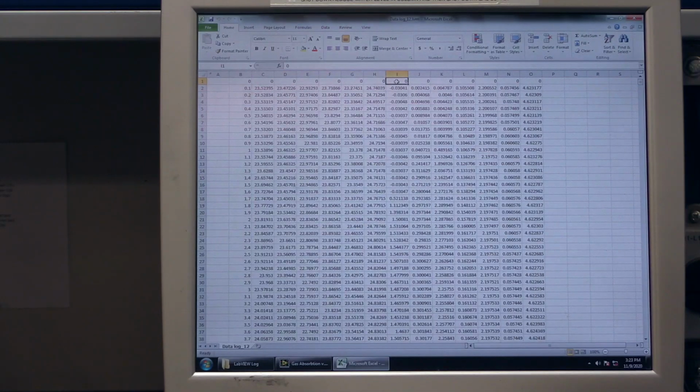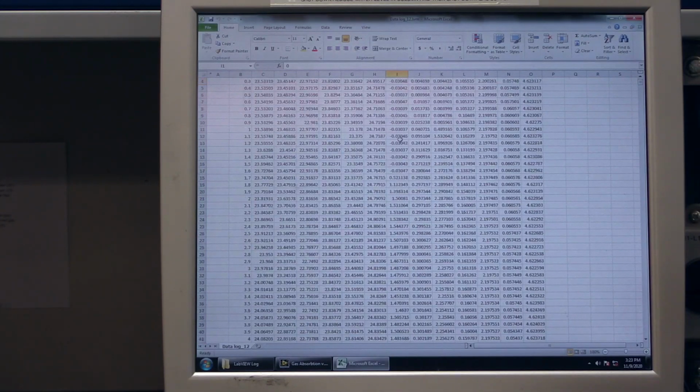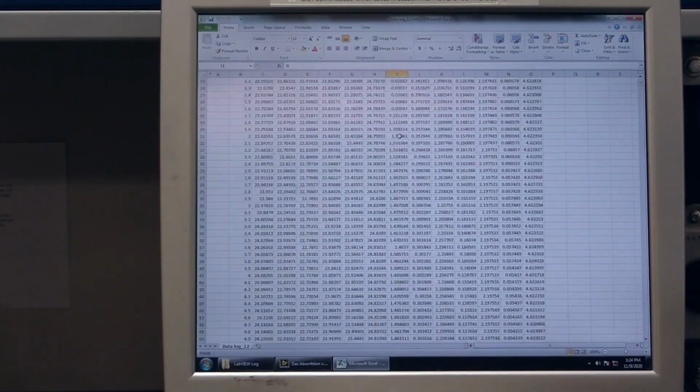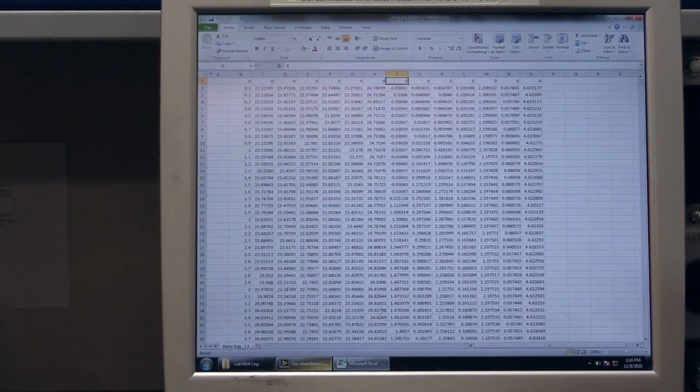Then column I is the flow of air. Let me double check that.